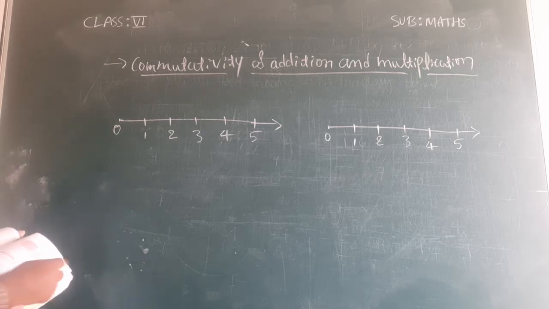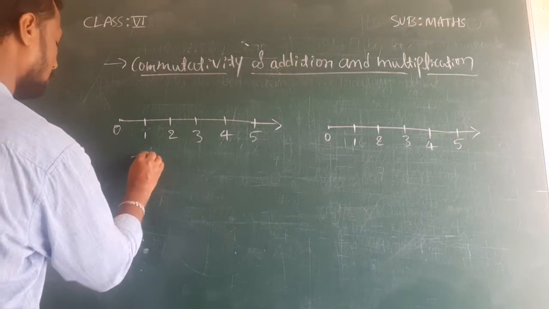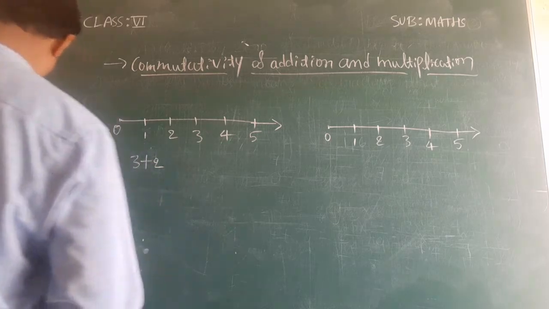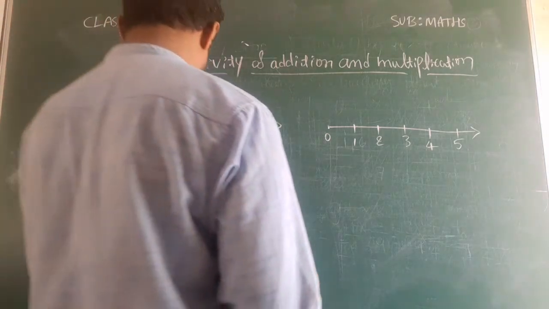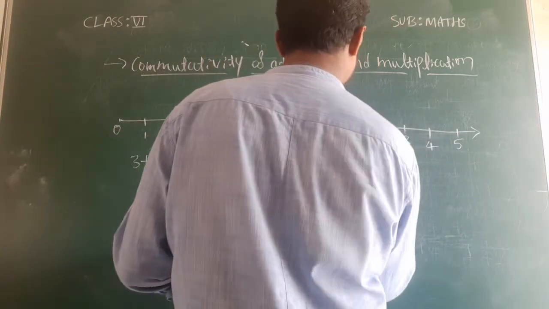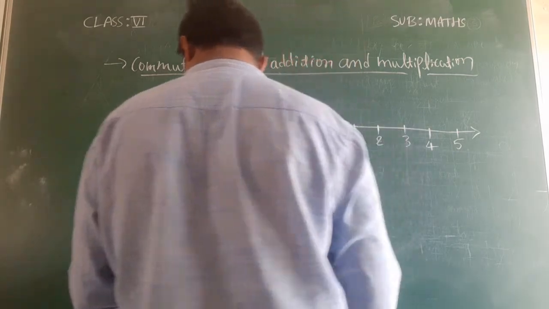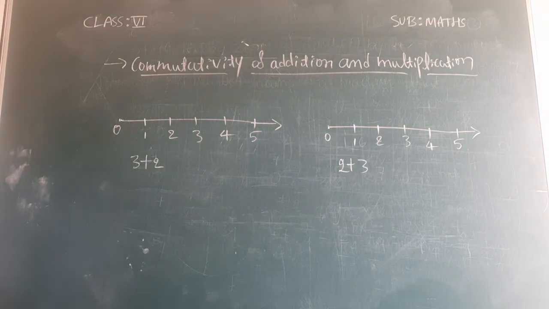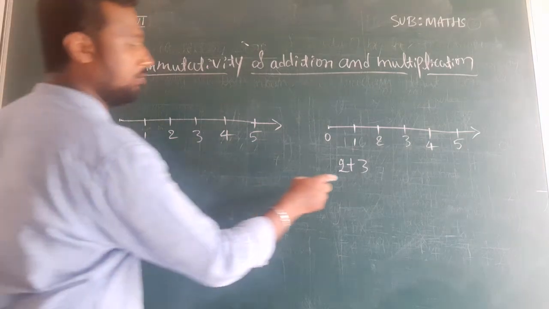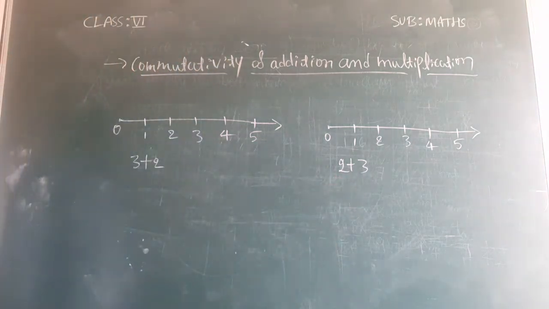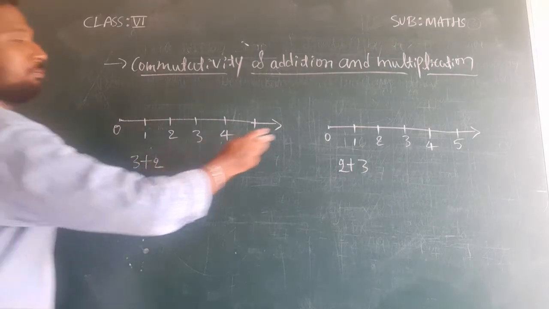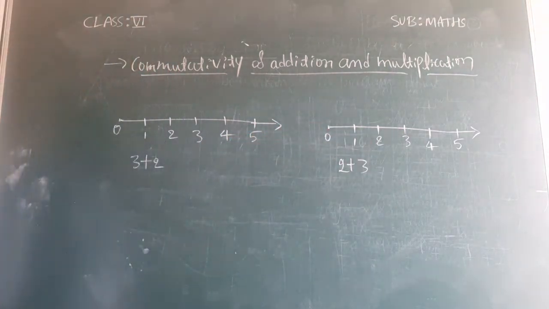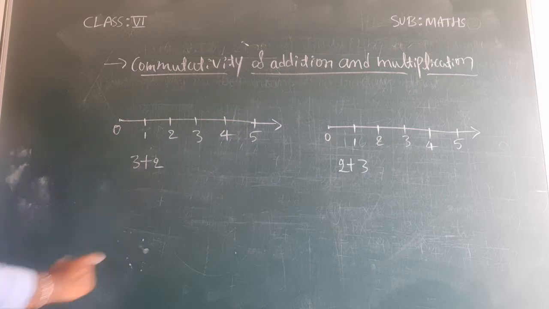Now we will consider 3 plus 2 here, and here 2 plus 3. With the help of these number lines, we are adding 3 plus 2 here and 2 plus 3 there. So 3 plus 2 means in this number line first we represent 3.